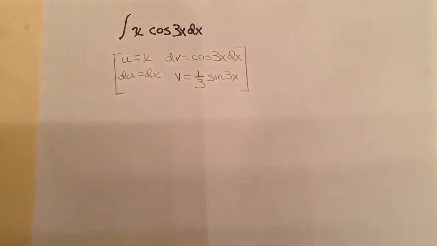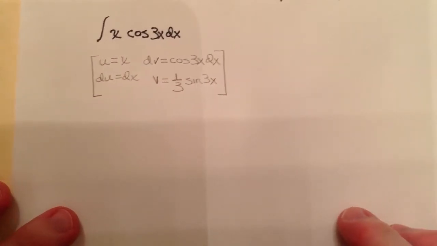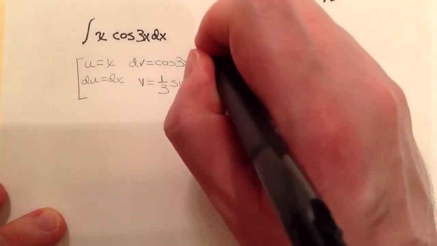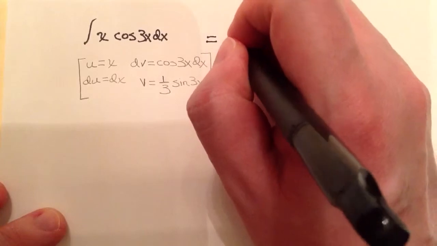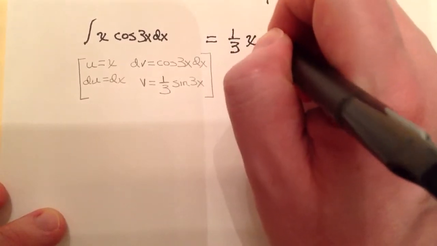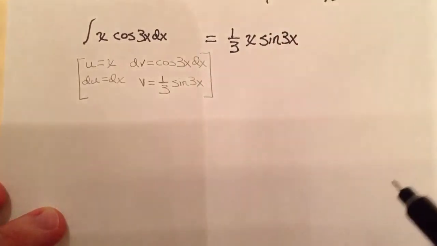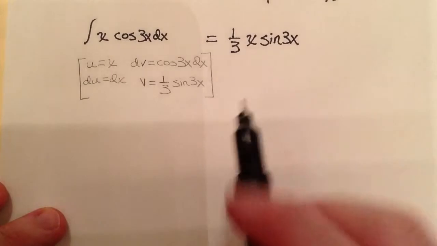And with the integration by parts, we now have for u times v, u at x, v at 1/3 of the sine of 3x. So in multiplying, we have 1/3 of x times the sine of 3x, and we have minus the integral of v times du.